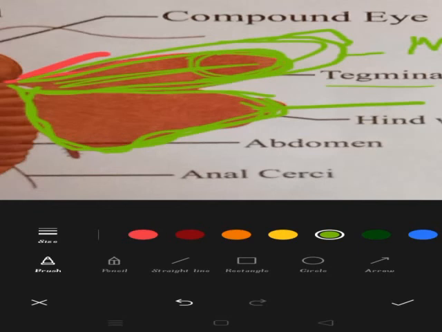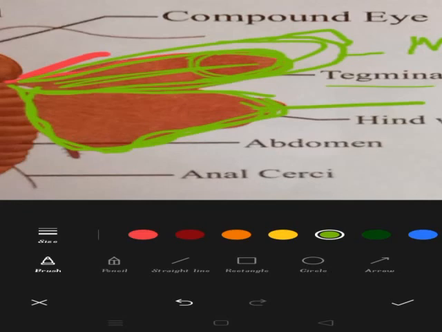These are useful for flying and, in the resting position, they lie folded below the tegmina.